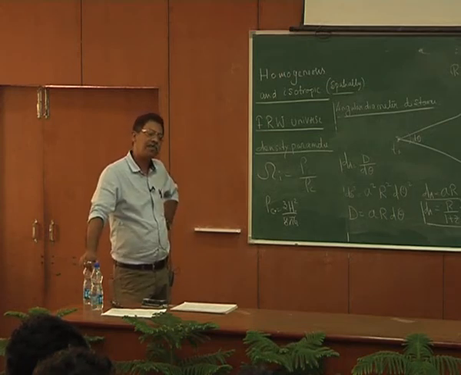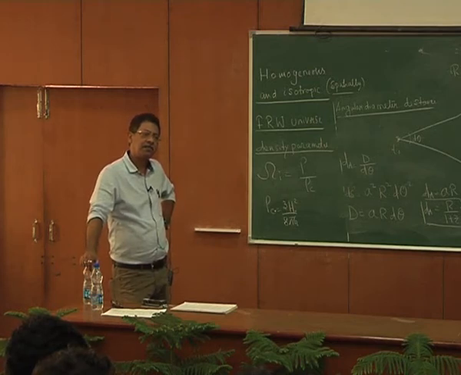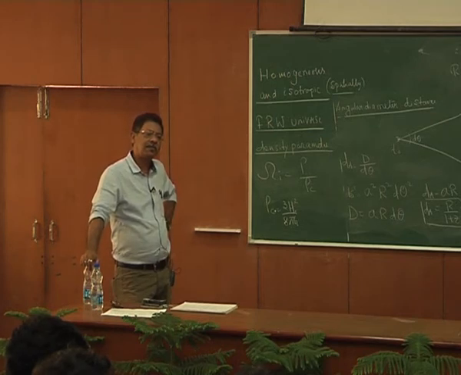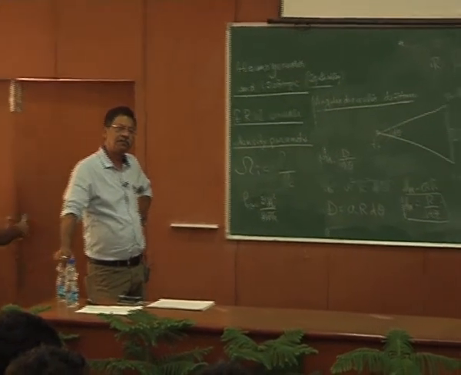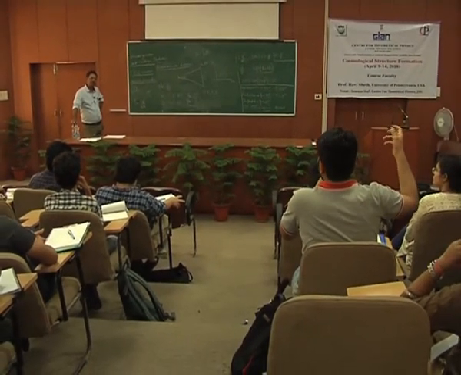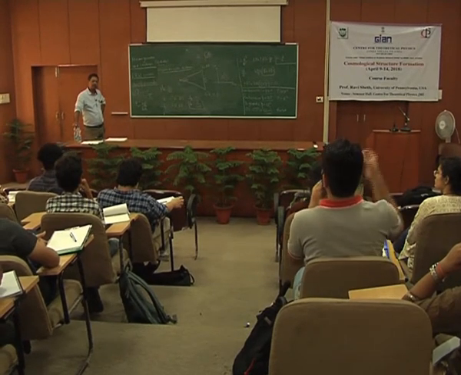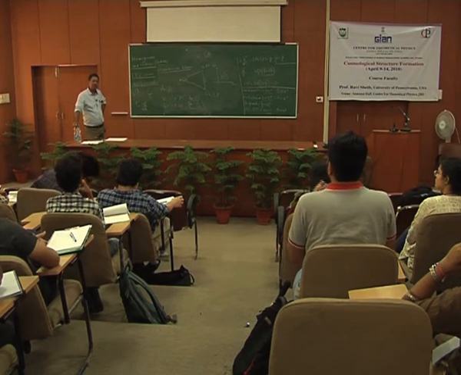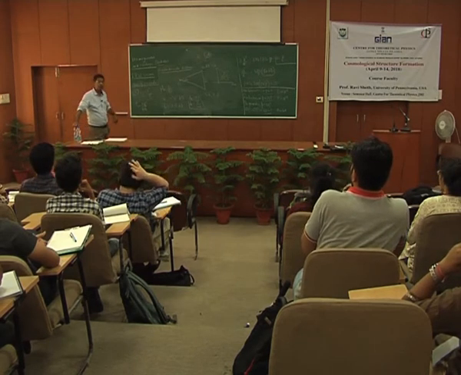Secondly, if I think that the light is coming from the very beginning, and the age of the universe is around 13.7 billion years, the total distance traveled by a photon would be hardly 13,000 megaparsecs. So the luminosity distance at z equal to 1 or 1.2 is around 10,000 megaparsecs, and the whole distance traveled by a photon coming from the very beginning is hardly around 13,000 megaparsecs. How to visualize this?